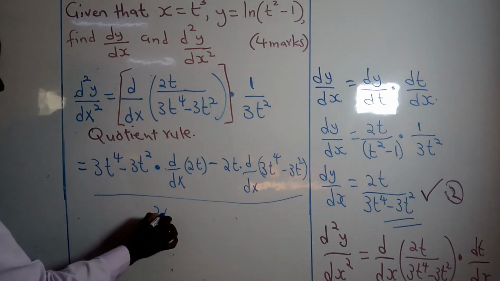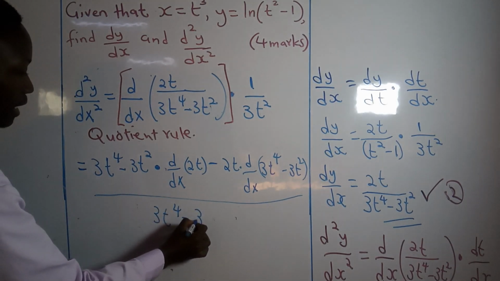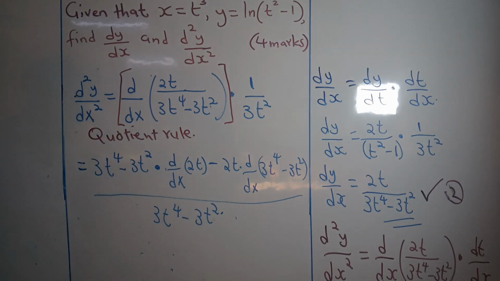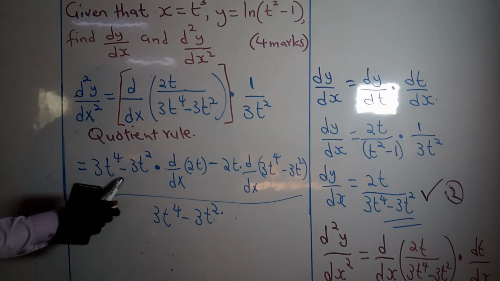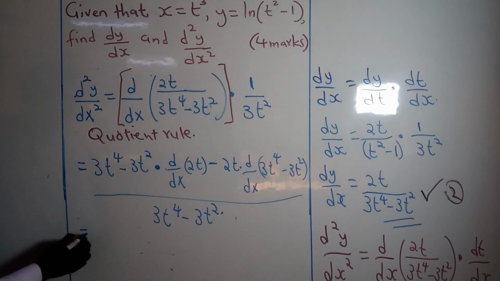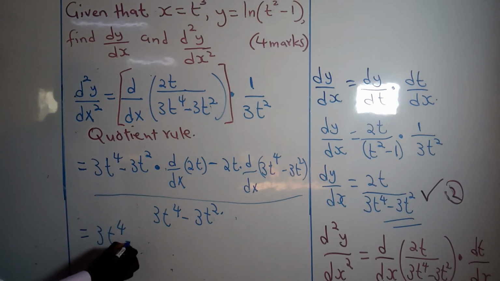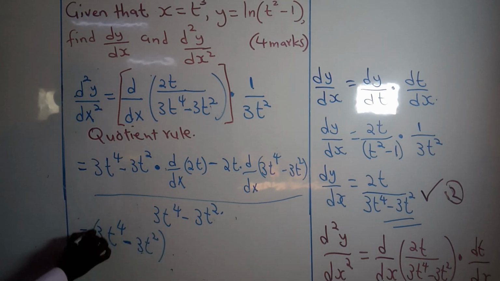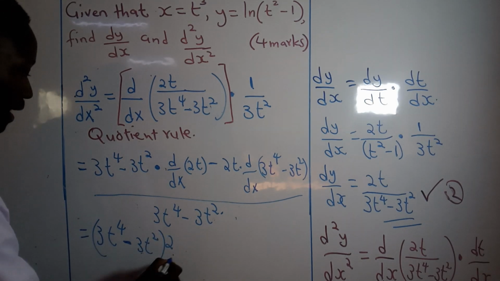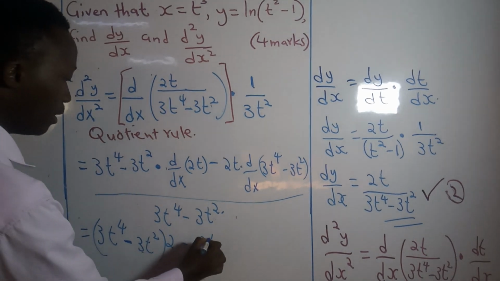That is over 3t to the power 4 minus 3t squared. That is how we go about it.